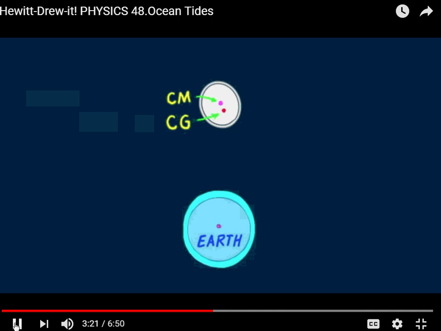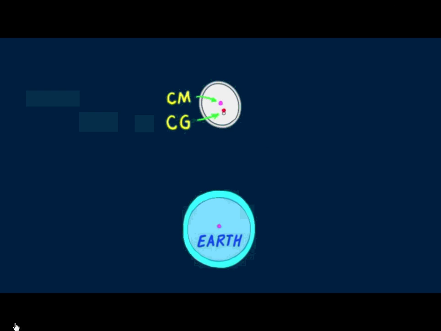And a purple dot for Earth's center of mass. This red vector from the moon's center of gravity is the gravitational force that Earth exerts on the moon. The moon's long axis through both its centers of mass and gravity is shown by this white dashed line. The result is a torque about the moon's center of mass, which tends to rotate the long axis of the moon into alignment with Earth's gravitational field.